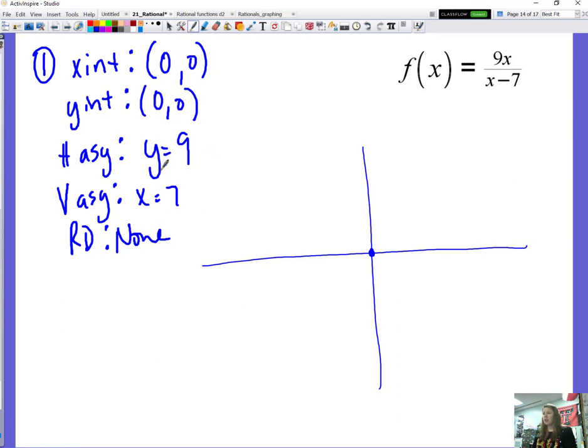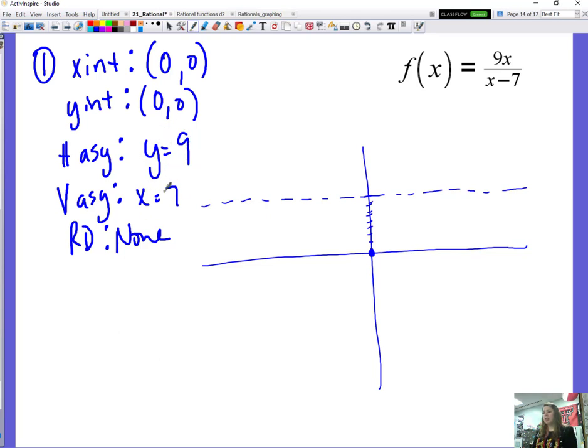We also know that there is a horizontal asymptote at 9 because we used the coefficients, because it's the same degree over the same degree, so 9 over 1. So 1, 2, 3, 4, 5, 6, 7, 8, 9. Okay, so there's going to be a horizontal asymptote. It's a really straight line. So we have a horizontal asymptote at y equals 9.